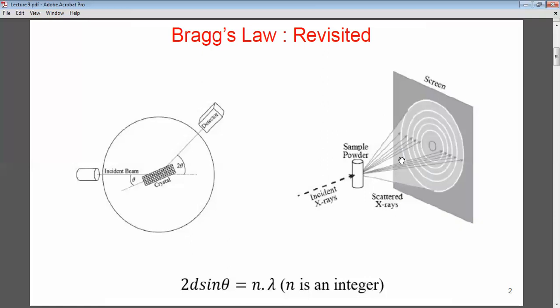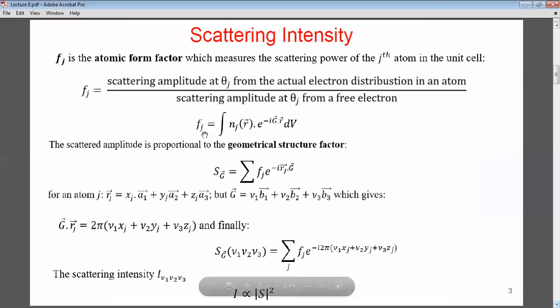In general, the more electrons in an atom, the stronger its interaction with the X-ray is, and the stronger the diffracted beam will be. The intensity of the diffracted beam for any given atom depends on something called the atomic form factor F.